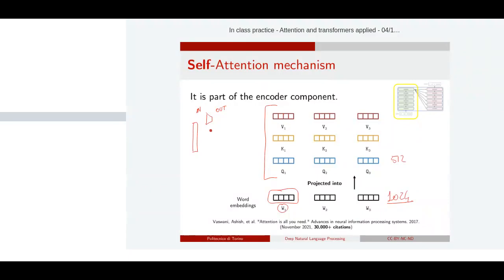But I have three of them, right? I have three projection layers: one for Q, one for K, and one for V, and I obtain the vector representations for query, key, and value for that word embedding. Is it clear?